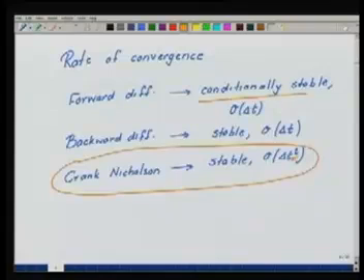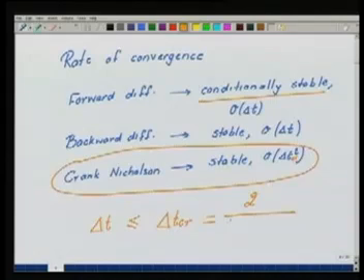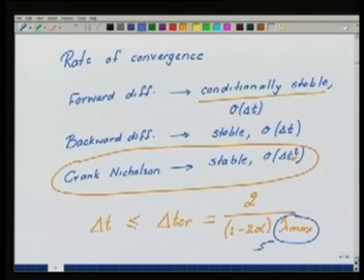Now for these conditionally stable schemes, the time step size should always be less than some critical time step size, and this is given by what? The critical time step size depends on the alpha that you have chosen and the maximum eigenvalue, for which system?